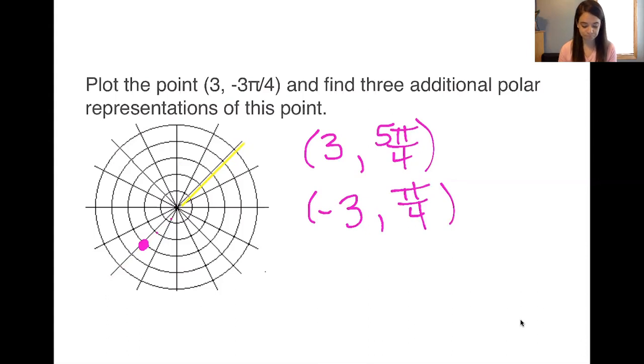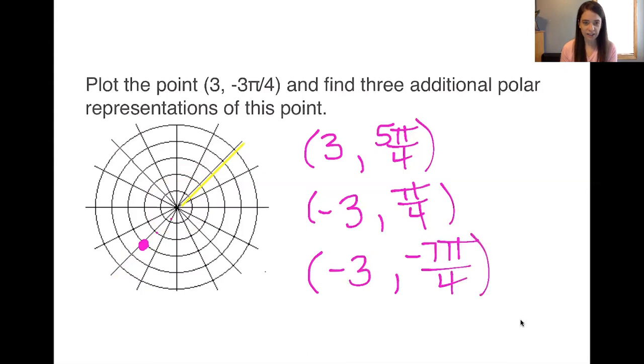So (negative 3, pi over 4) would be another way that we could describe that coordinate right there. And then finally, if we think about rotating to the same yellow angle, but in the negative direction, then we could also describe this coordinate as (negative 3, negative 7 pi over 4).